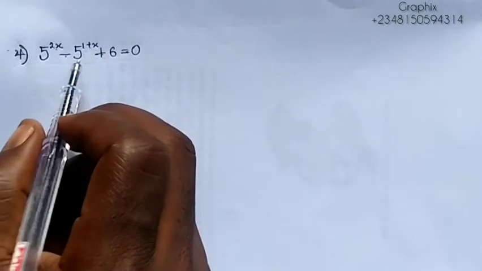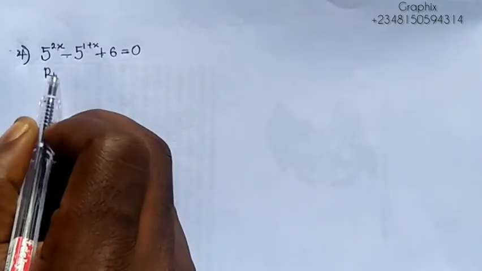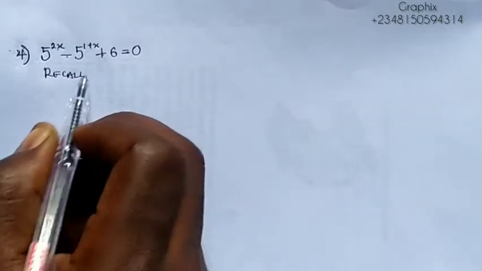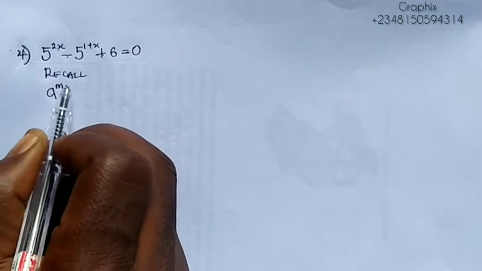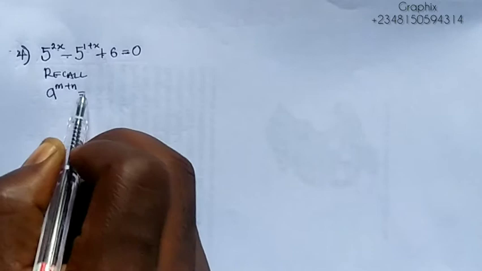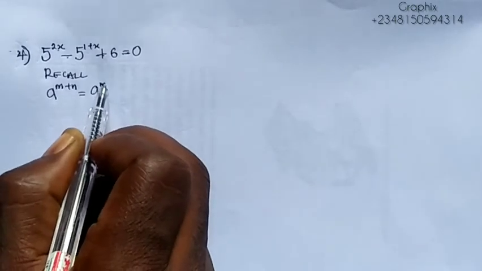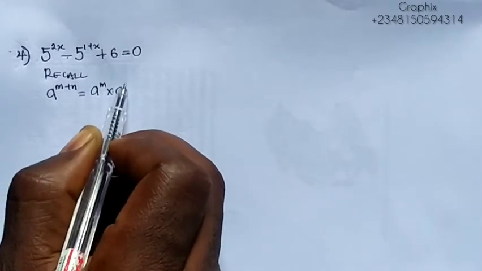So what you do is this: you recall that whenever you have a to the power of m plus n, we are going to be having a^m multiplied by a^n. Am I correct? Yes, I am.